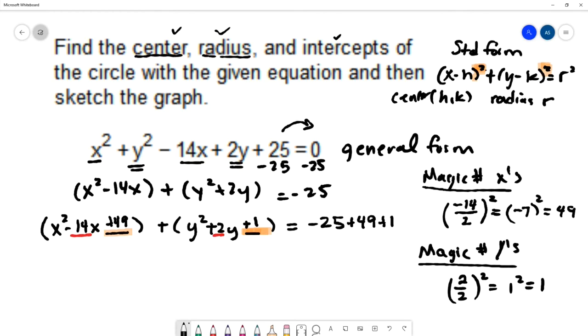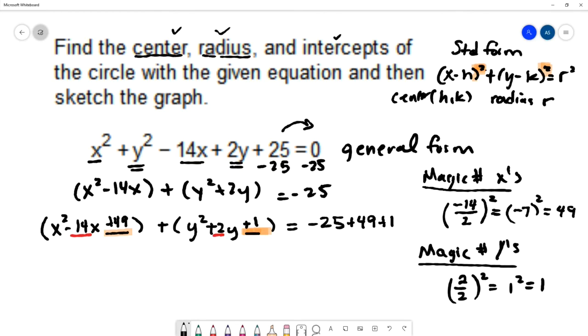So now that we have figured out the number to add to the x group and the y group, the x group is going to factor to become a perfect square. The y group is going to factor to become a perfect square. That's completing the square.